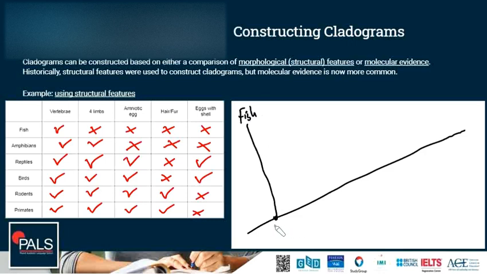And the feature that we have down here is vertebrae. All of our organisms in this example have vertebrae.